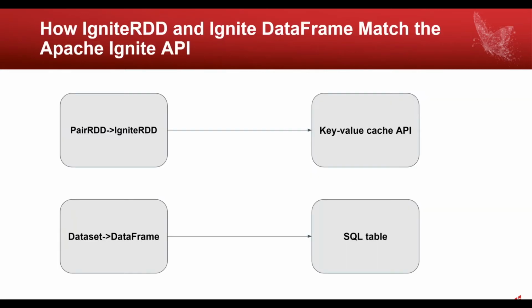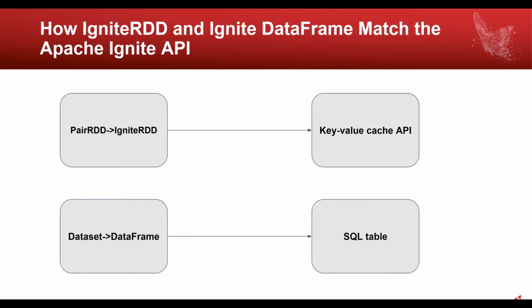Okay, now let's go to the APIs that we have in Apache Ignite Spark integration. First of all, I want to describe that each such API will be matched to some Apache Ignite API. For example, when we work with IgniteRDD, it will have only two values. One value will be a key, another will be a value, and it will be matched to the cache API in Apache Ignite.